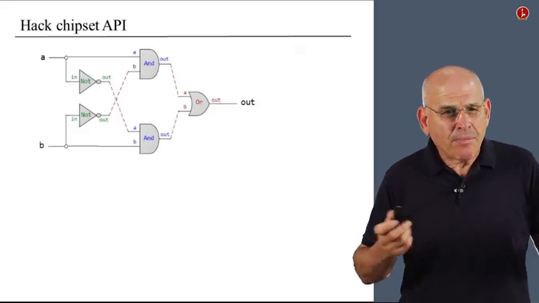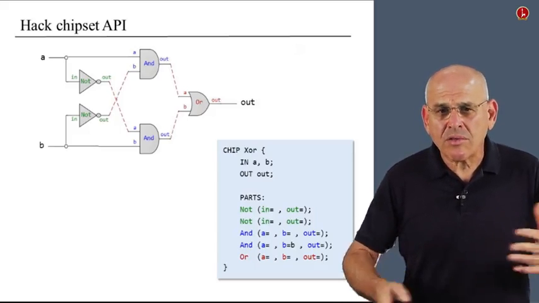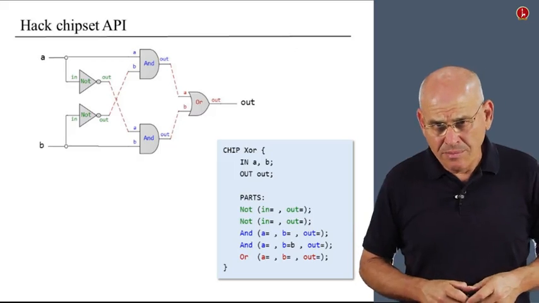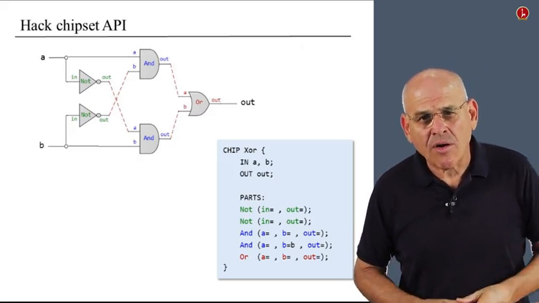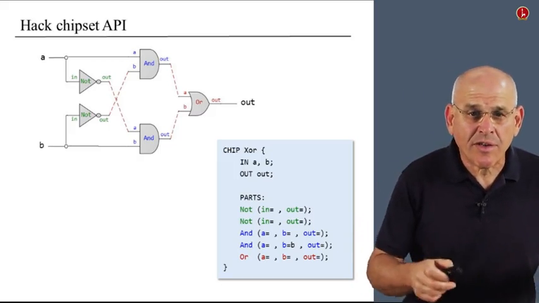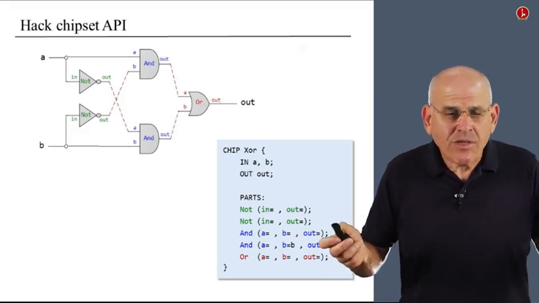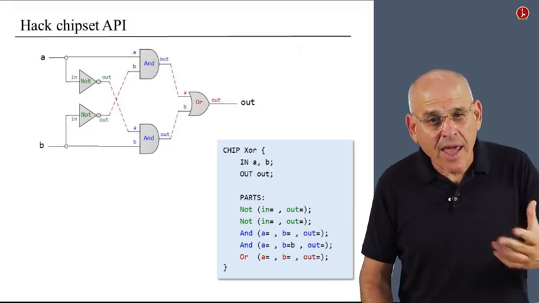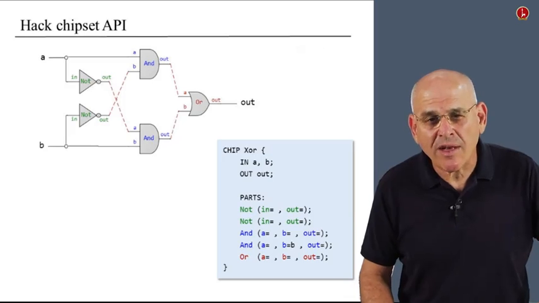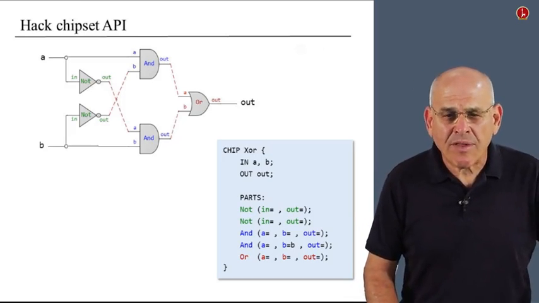When you build a particular gate diagram like this one, you're going to use all sorts of chip parts. In this case, 2 AND gates, a single OR gate, and 2 converters, or 2 NOT gates. And the question is, how are you supposed to know what are the names of the input and output pins of every one of the gates that you want to use?